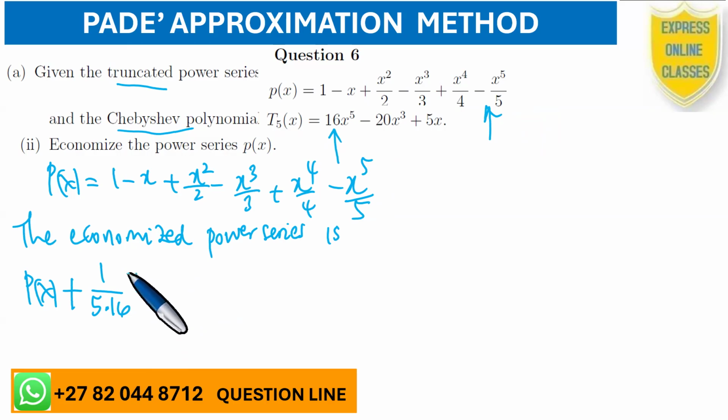T sub 5. So now in the end, we have the following.